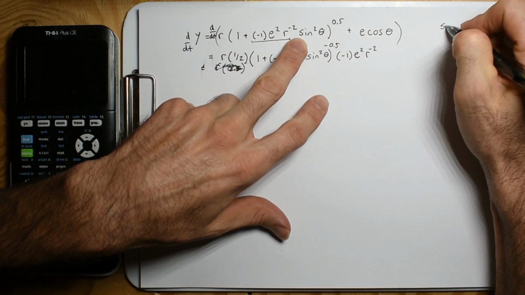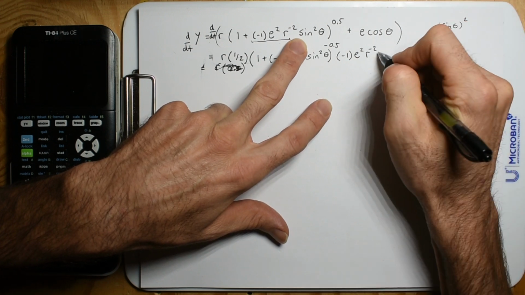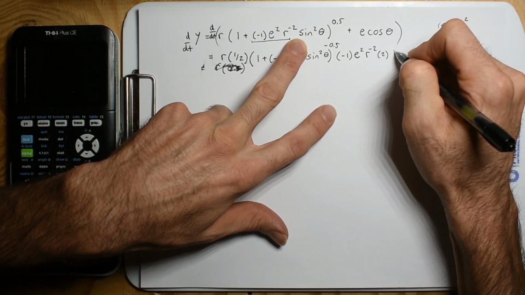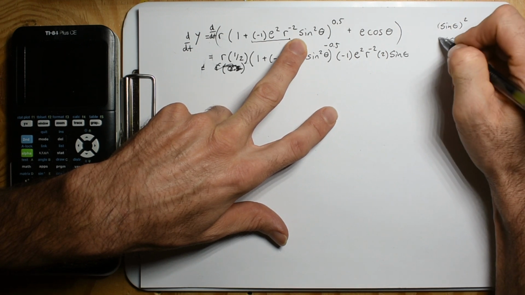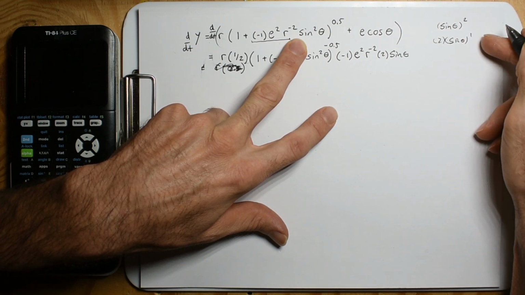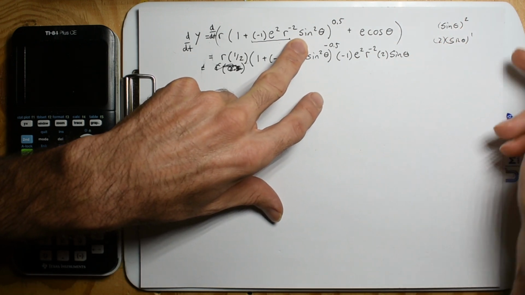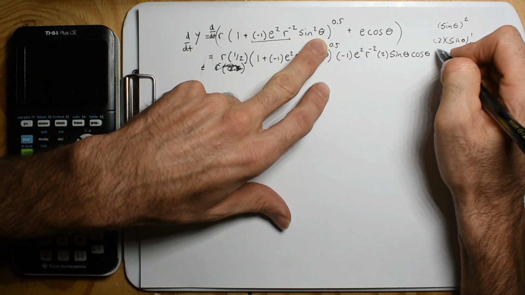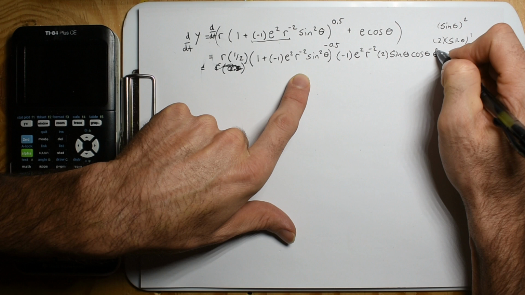Now just remember, this is sine theta squared, so we can bring down the power, and then we'll have sine theta. So we brought down the 2, and then this goes to 1, or just 2 times sine theta. Then we have to take the derivative of the inside. That's going to be cosine theta. Hell yeah! And now we're done, but now we have to just make sure to put that theta dot.